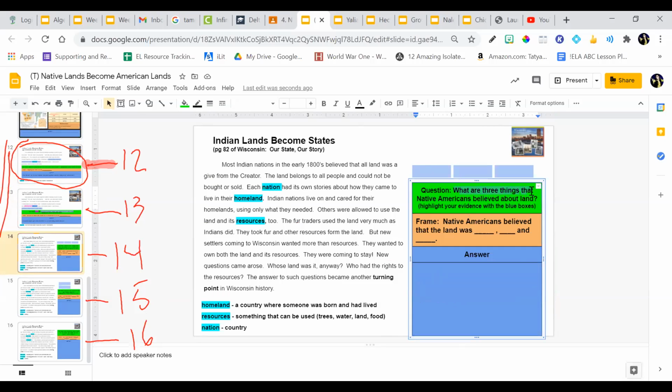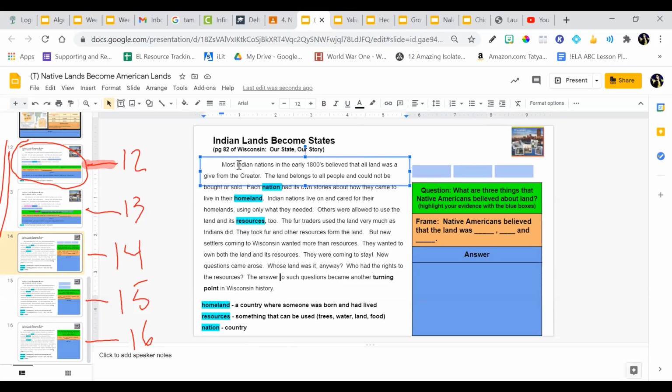What are three things that Native Americans believed about the land? Nation, homeland, district. All right, so Cheetah just saw these blue ones. She's like, those, and those. Maybe not. We'll come back to it one second.